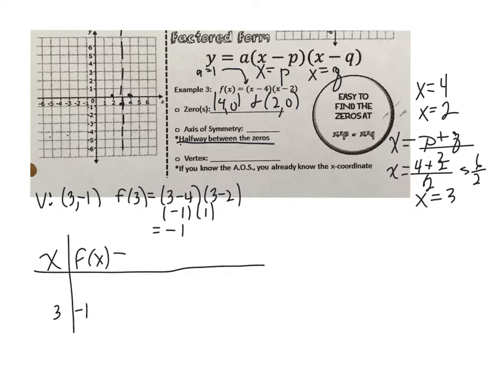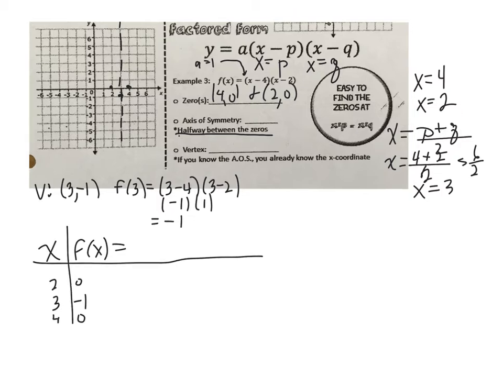And then one x value away from that is 2 and 4. When I plugged in 2, I got 0. When I plugged in 4, I also got 0. We didn't really do that work. Those are our zeros, and if you'll notice, that y value is 0.